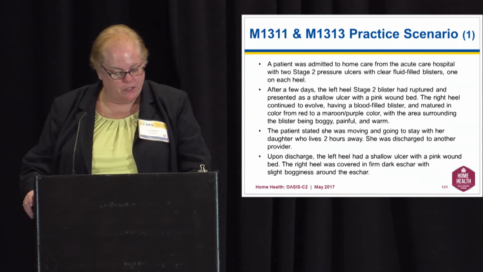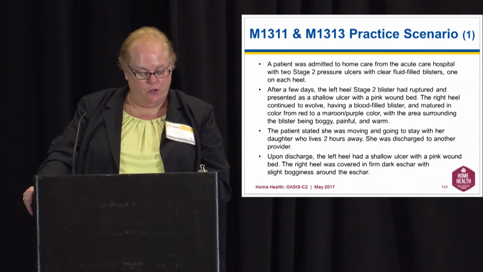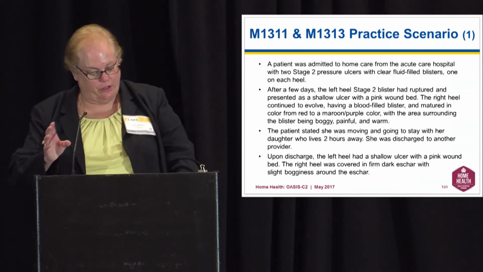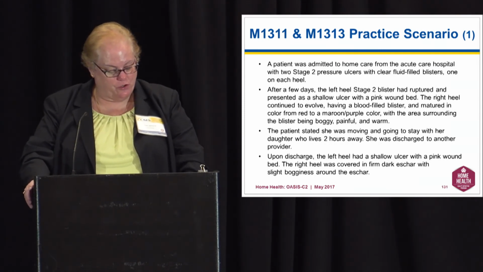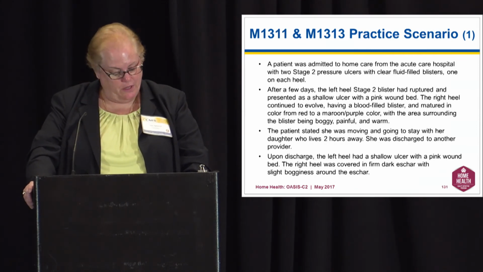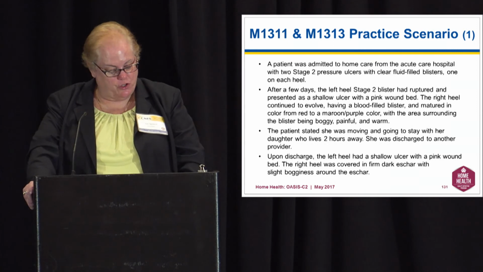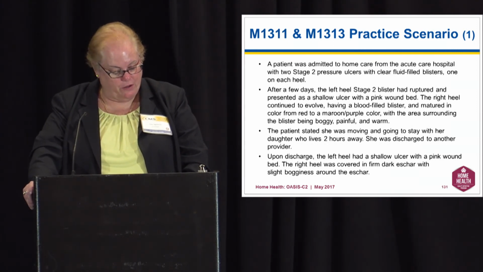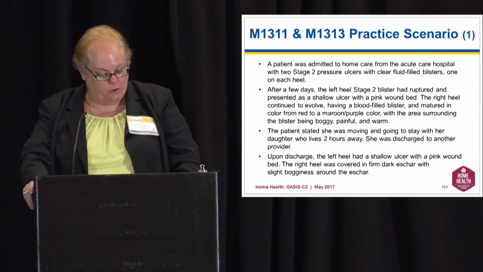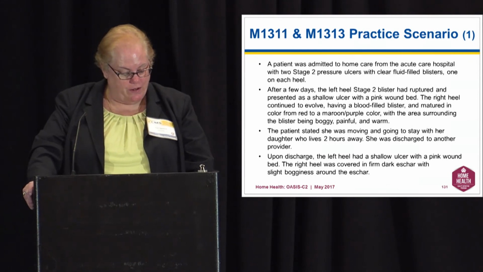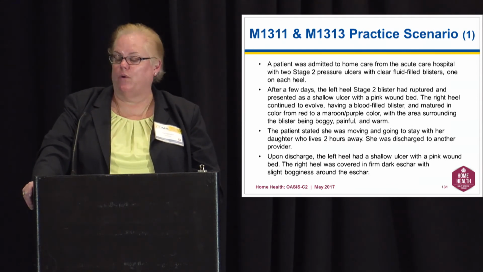A patient was admitted to home care from the acute care hospital with 2 stage 2 pressure ulcers with clear fluid-filled blisters, 1 on each heel. After a few days, the left heel, stage 2 blister, has ruptured and presents as a shallow ulcer with a pink wound bed. The right heel continues to evolve, having a blood-filled blister and matured in color from red to a maroon/purple color, with the area surrounding the blister being boggy, painful, and warm.